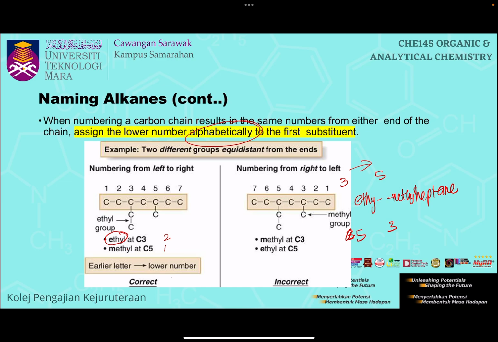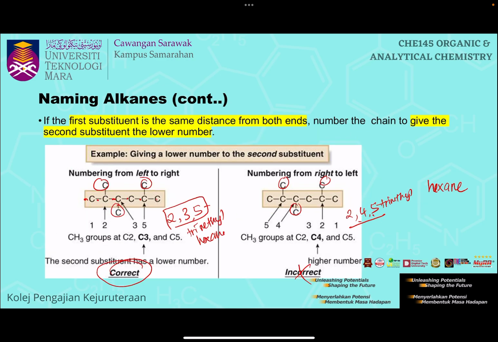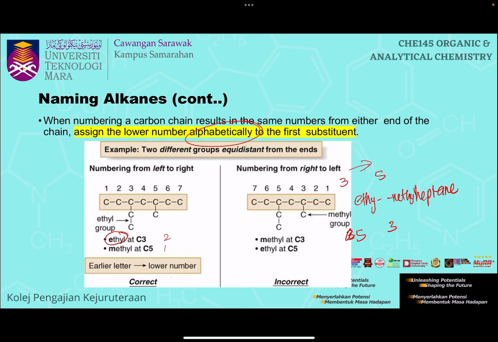But remember, this is for saturated. If you have any case like the earlier ones, if you have a double bond especially, priority is given to where the double bond is. The double bond has to have the smallest configuration first, then only you worry about the presence of the substituent group.